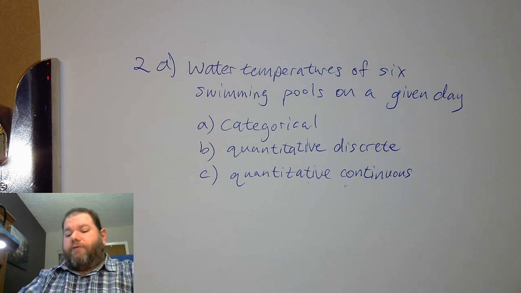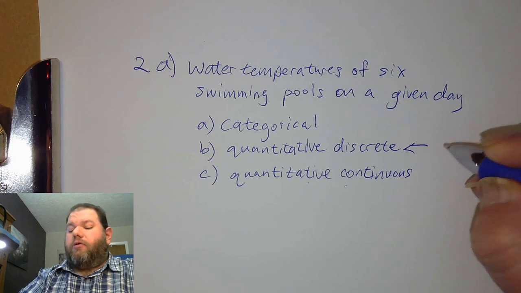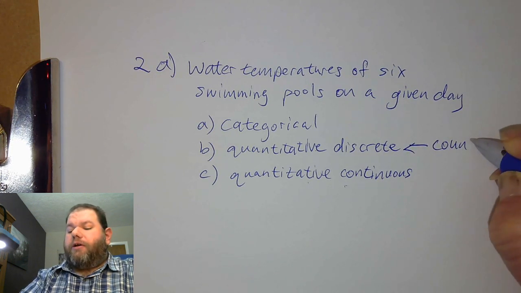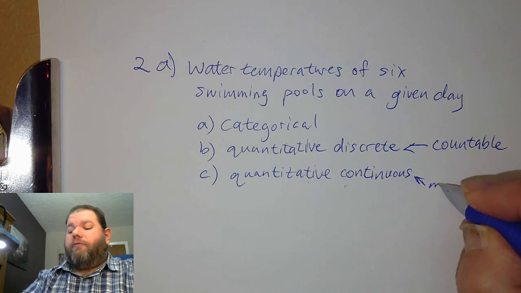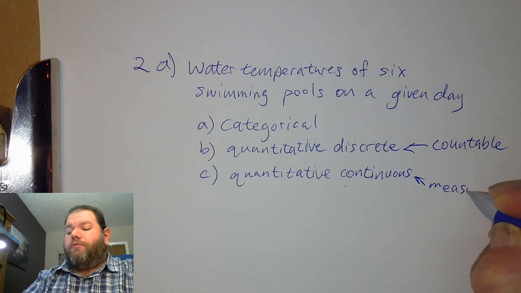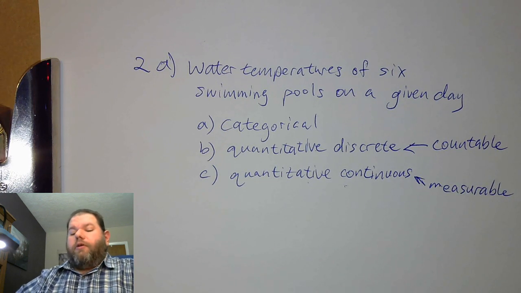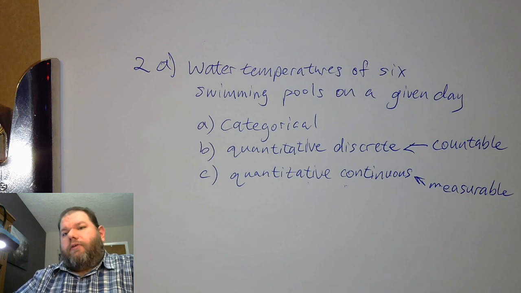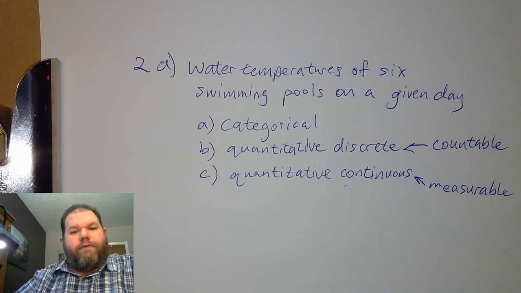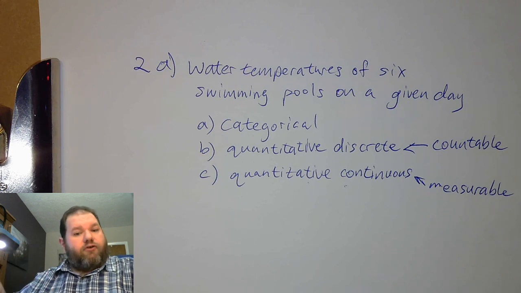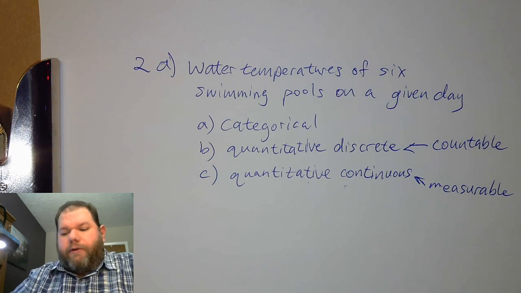Well, discrete would be countable, and continuous is generally regarded as measurable. So when we think of temperature, do we count it, 1, 2, 3, 4, 5, 6, etc., or do we measure it where it can be any value on the entire spectrum of temperatures that we experience?